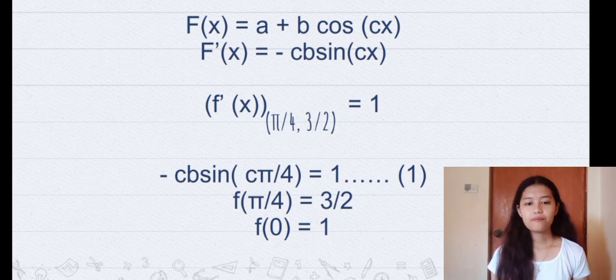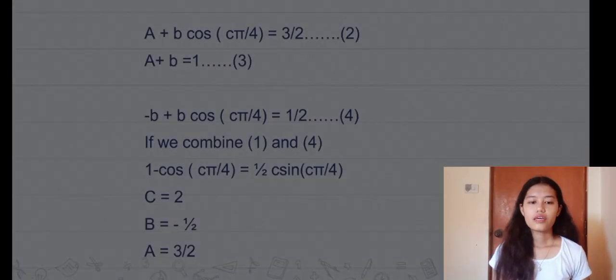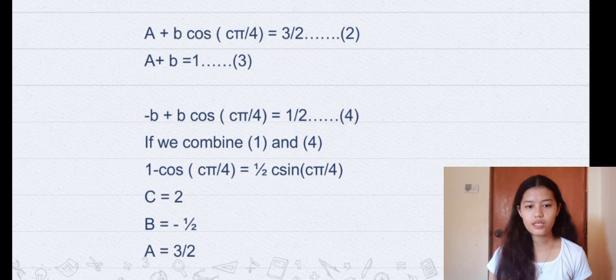And f(π/4) = 3/2, and f(0) = 1. Now, a + b cos(cπ/4) = 3/2, which we can say is our number 2. Later, I will explain about that number 1, 2, 3, and 4. So, a + b = 1, which we can say is our number 3.